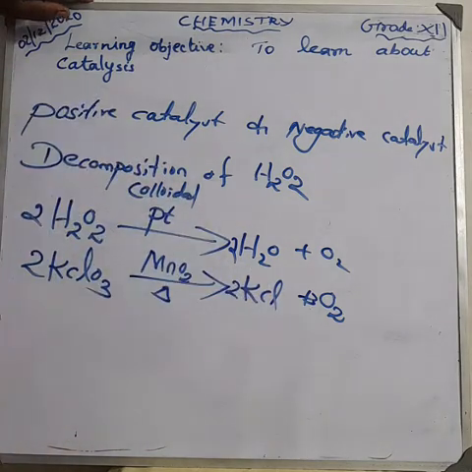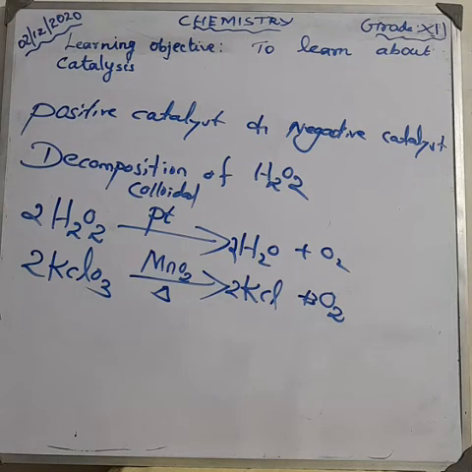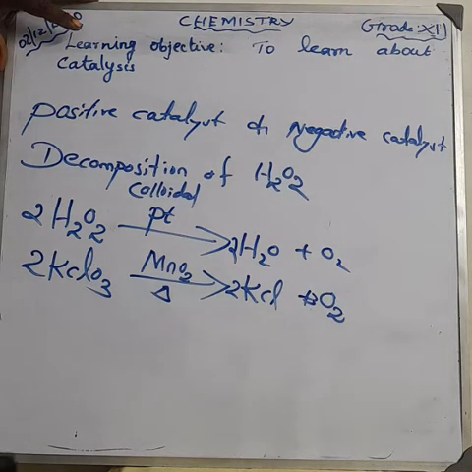We get potassium chloride and oxygen. This is about the examples of positive catalyst. Your textbook sometimes may not have the example, so try to write this example. The negative catalyst we can discuss later.